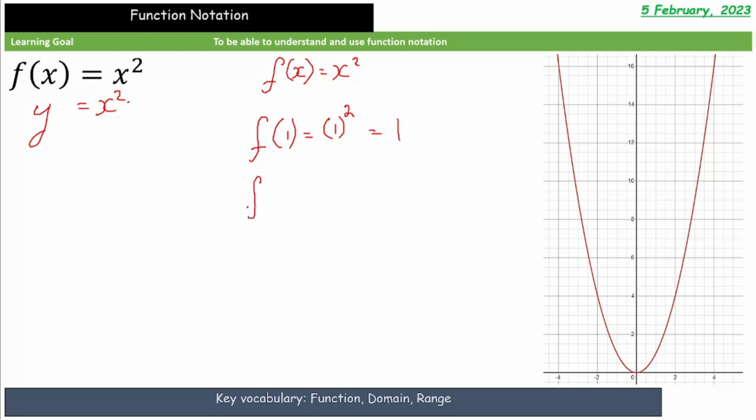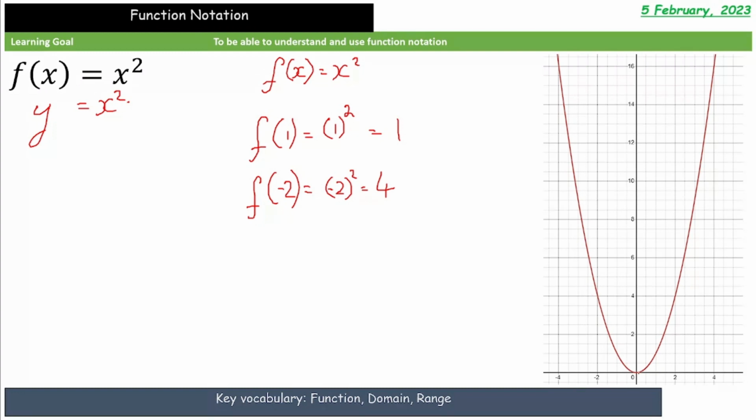If I had f of negative 2, I would replace my x value, because my input is now negative 2. Negative 2 squared, which is negative 2 times negative 2, which is 4. Just like you've normally done, we're just substituting in, but we're mapping this using this function.